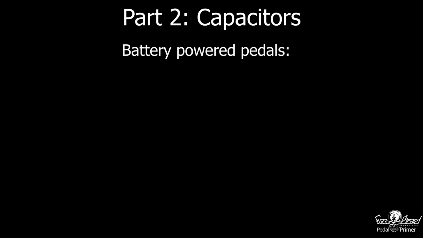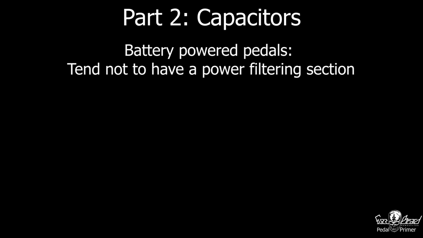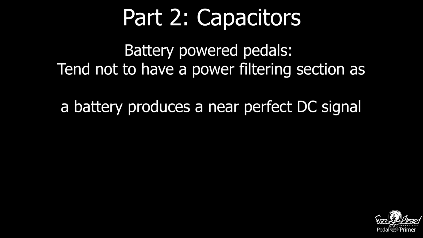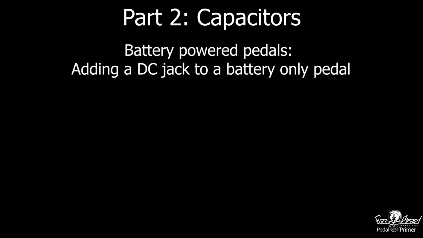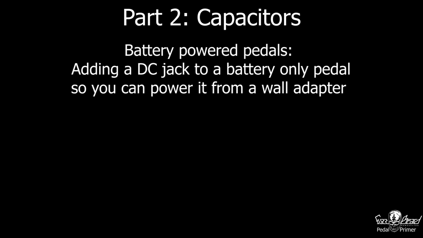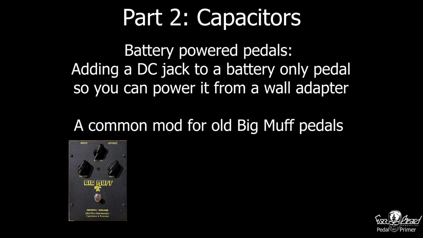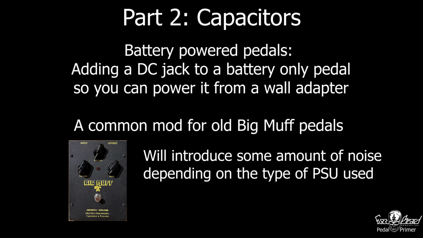You will notice that pedals with battery-only power don't tend to have a power filtering section, as a correctly functioning battery produces a near-perfect DC power supply which does not need filtering. If you do decide to mod one of these battery-only units with a DC jack to allow you to power it from a wall adapter, a common modification that you'll see on a lot of old Russian big muffs for example, you will likely encounter some or a lot of noise depending on the power supply you're using with the pedal.